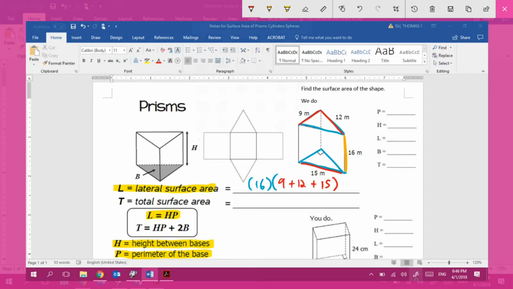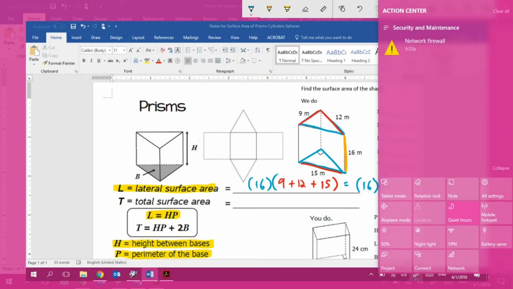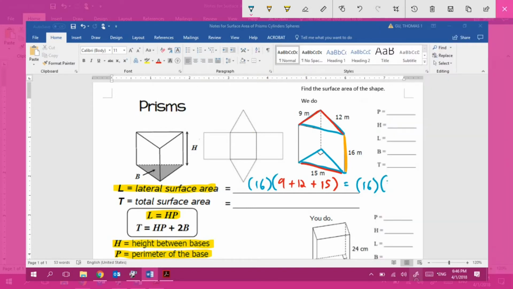Just to simplify it out for you, that's going to be 16 times, what's 9 plus 12 plus 15? That's going to be 36. So that means my lateral surface area is going to be 576.